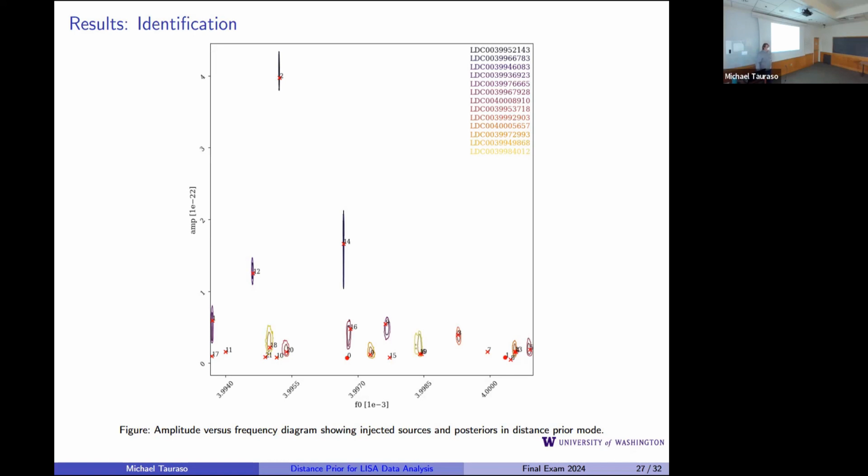You can't say that doesn't exist, but the ones that are built and getting good results on LDC data, injected sources, are all essentially of this form using slightly different techniques. I also continue to have that question as I go through this, even though I haven't seen anything yet.